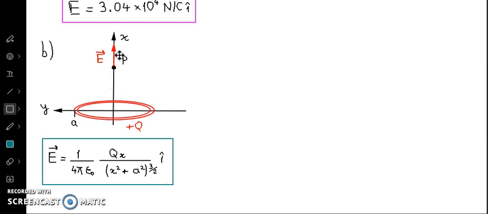Again, 1 over 4 pi epsilon 0 is equal to Coulomb's constant K. Capital Q is the total charge on the ring, which we already calculated in part A. X is the distance between point P and the center of the ring. A is the radius of the ring, so we have to recalculate A because A is different now. Here's how you can calculate it.